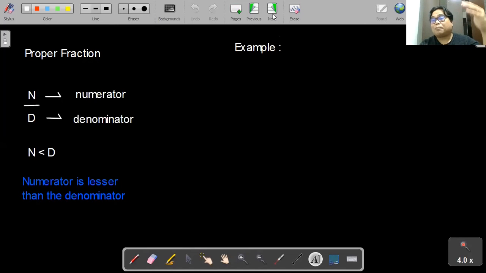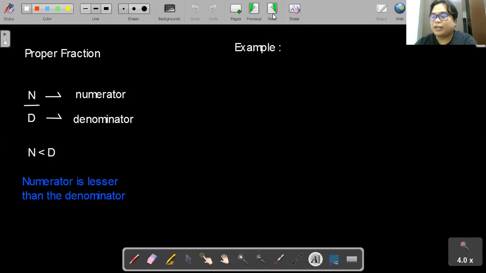The number at the top, we call it the numerator, and the number down below is the denominator. That's something that you should really remember. The top is numerator, the one down below is denominator. So you call it a proper fraction when the numerator is less than the denominator, meaning the number at the top is of lesser value compared to the number at the bottom.